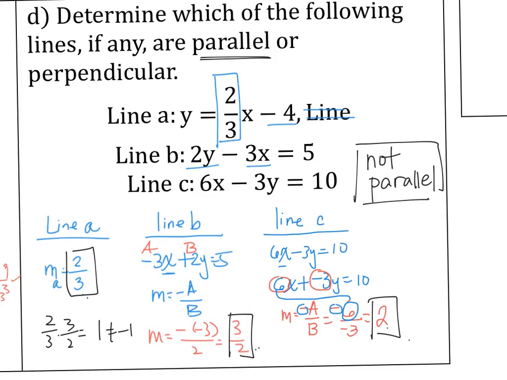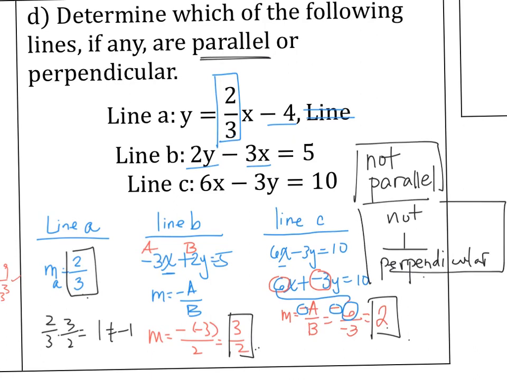That's also not negative 1, so not parallel and not perpendicular. You could just write the symbol for perpendicular or just write out the word perpendicular. And just to add a side note, the symbol for parallel is just two lines.